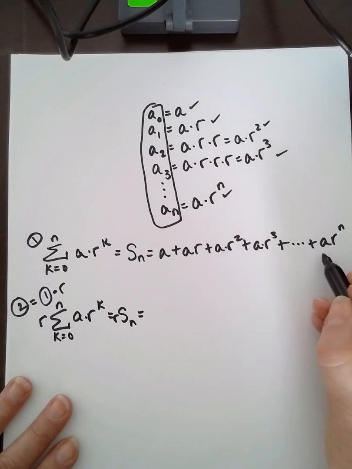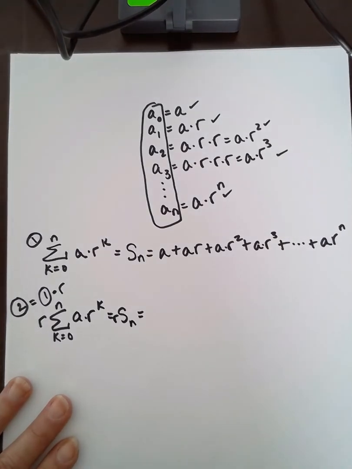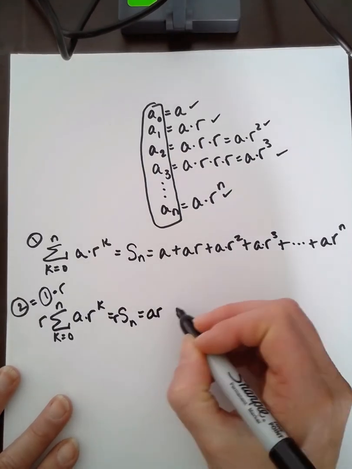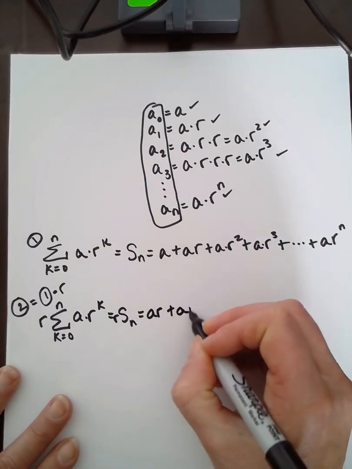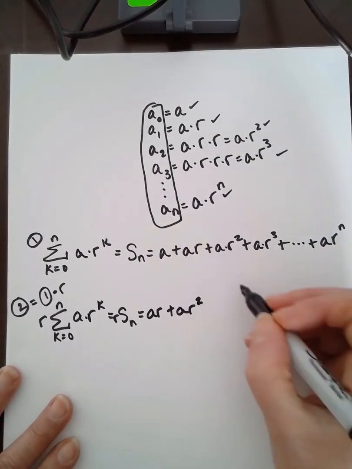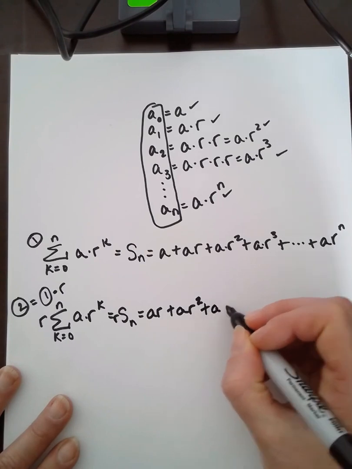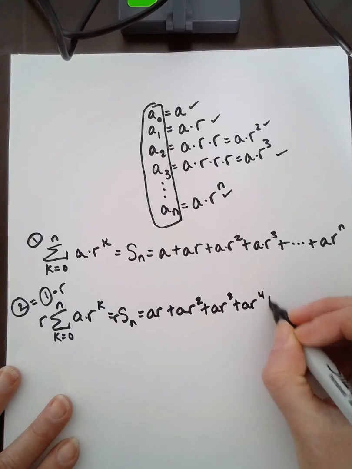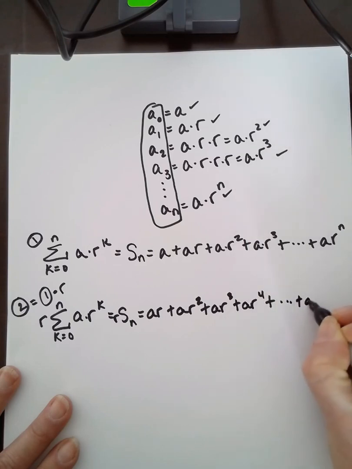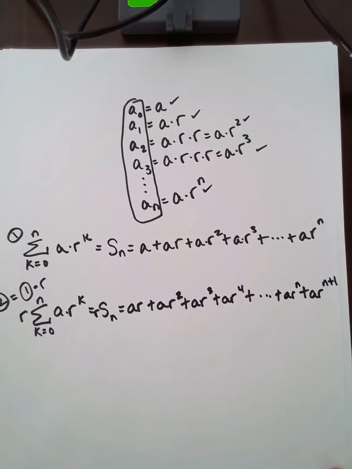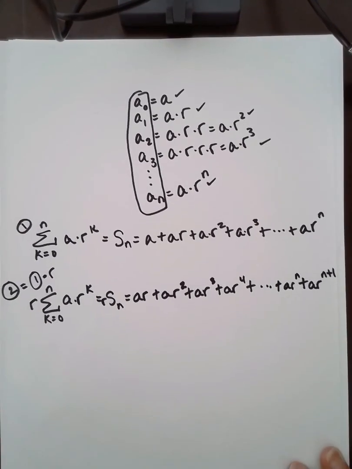And then each of these, according to the distributive property, would get an extra factor of r. So every term, the exponent on r will increase by 1. So there is your equation number 2.